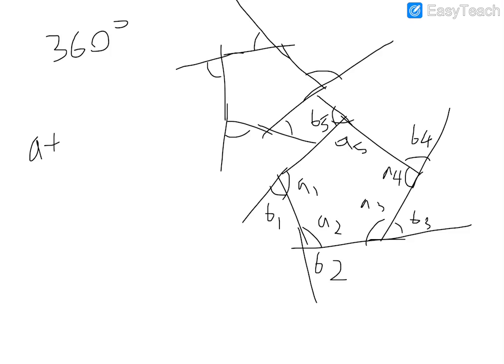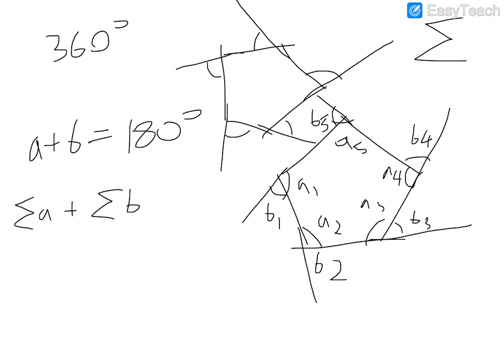Now, basically in general, A plus B will be equal to 180 degrees. And if you add up all the A's and B's, then we can say that if we add up all of them, that is equal to the sum of A plus the sum of B. By the way, this weird E-looking thing just means sum. So it means you add all of them up.